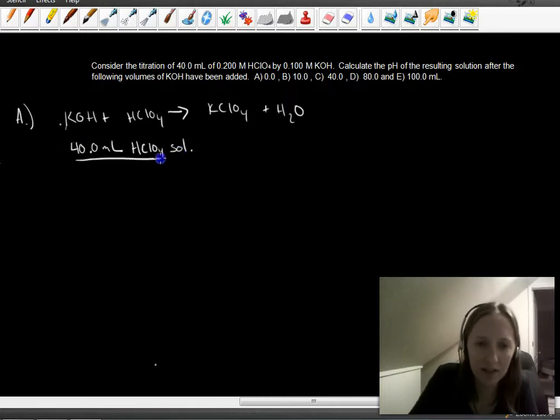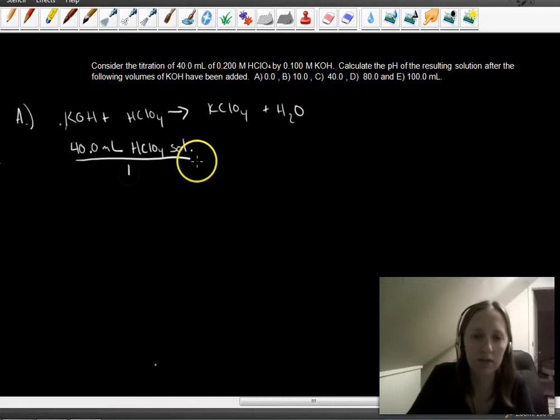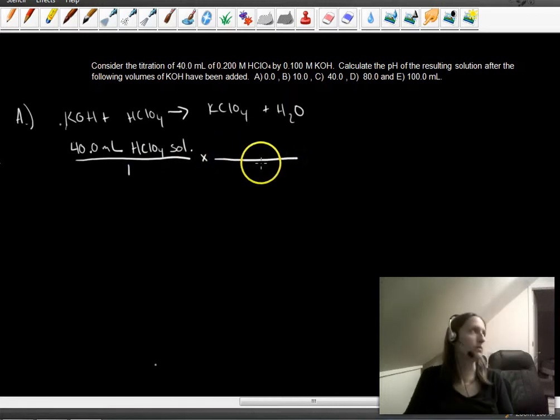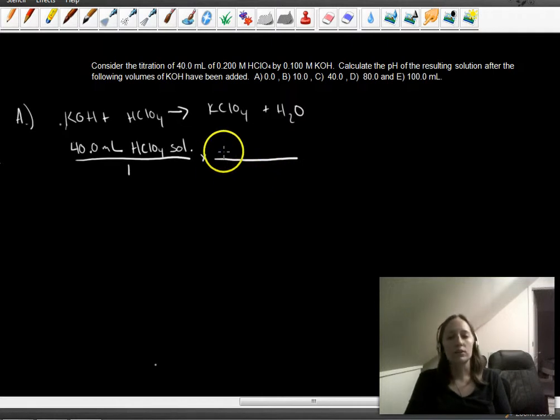And this is that solutions thing that we learned in stoichiometry, an equality with milliliters and moles. That's 1,000 milliliters of solution, so the milliliters cancel. And how many moles of HClO4 are there in 1,000 mils of solution?